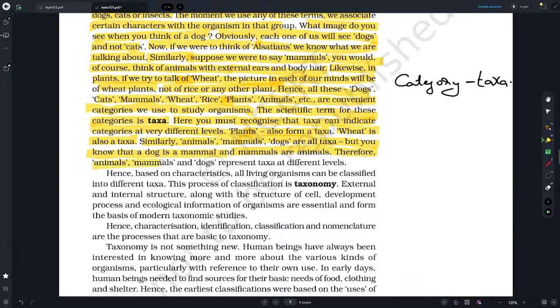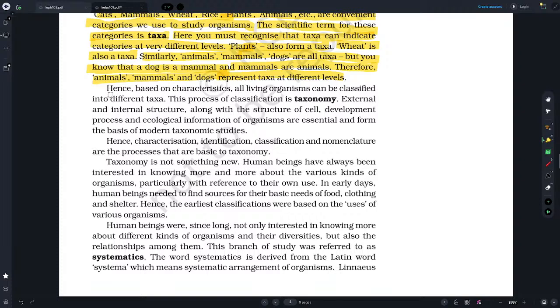Therefore, animals, mammals, dogs represent taxa at different levels. Under mammals we have various taxa, depending on genera and species, like wolves, dogs, cats, humans, where mammal is the highest category, followed by various other categories.